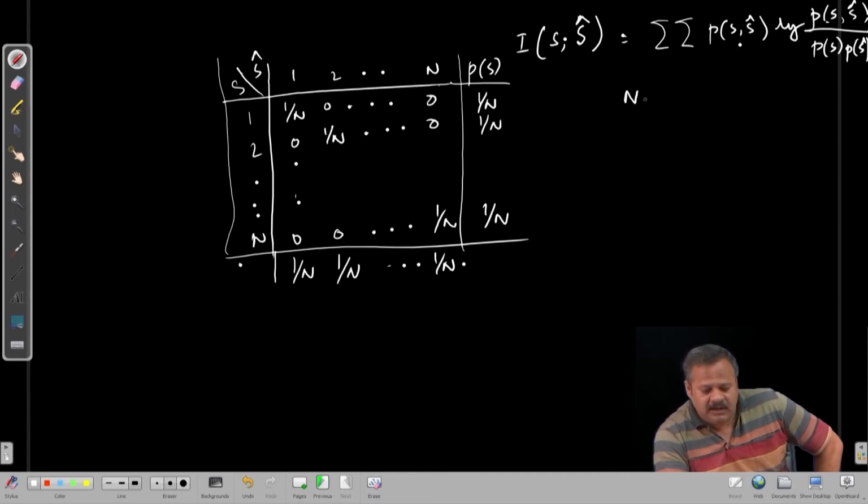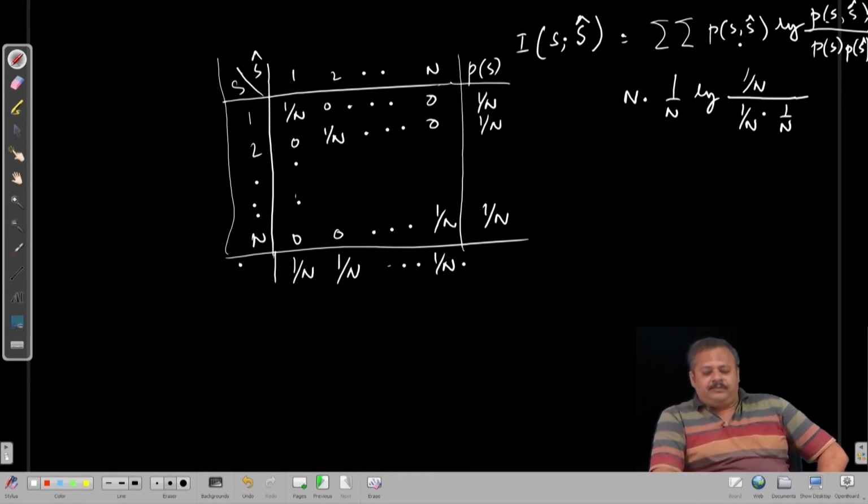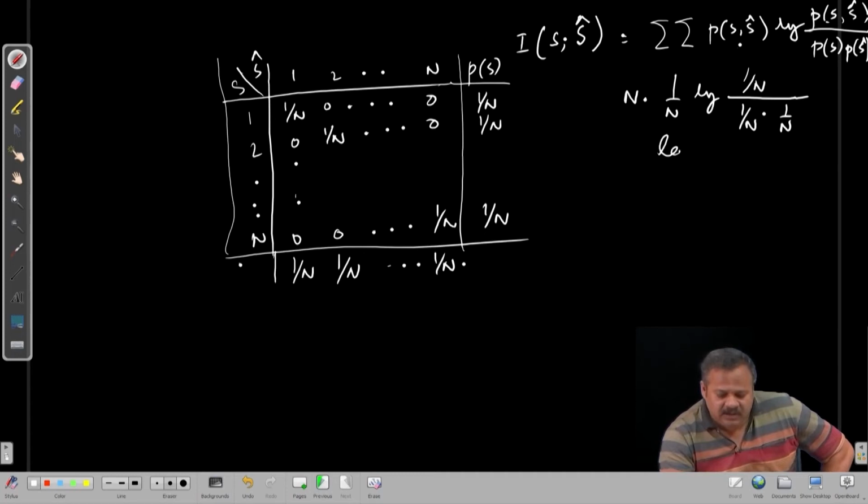Capital N times P(S, S hat), which is 1/N, times log of P(S, S hat), which in that case is 1/N divided by 1/N into 1/N. So, now what we have is simply log of capital N.